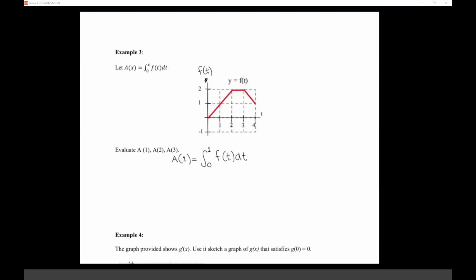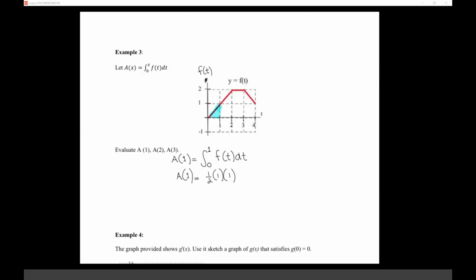So all I'm doing here is finding the area under the curve from x is 0 to 1, or t is 0 to 1. If you look at that, that's my good old friend, a triangle, with a base of 1, a height of 1. So again, I'm approximating it using what I know about area and geometry.